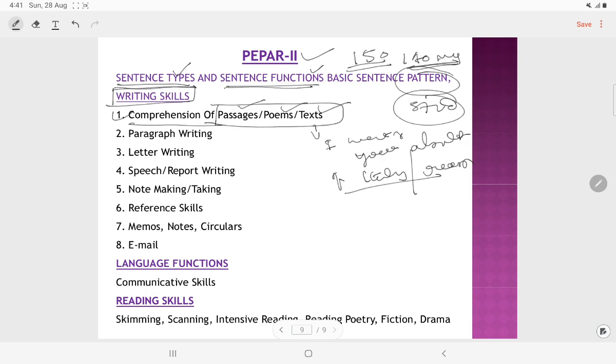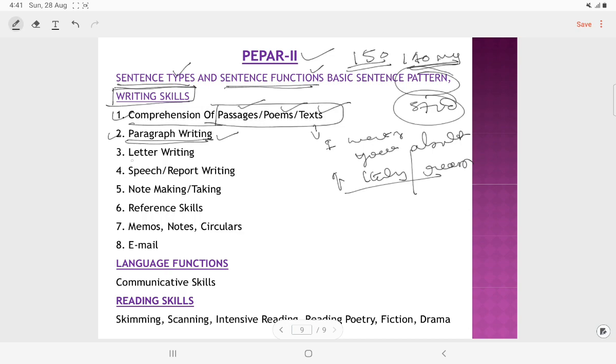This is a very interesting topic. The next one is paragraph writing. Here you are not going to write a paragraph, you need to complete the paragraph writing structure. The question will be based on some kind of elements. We will discuss all those things in the coming videos.